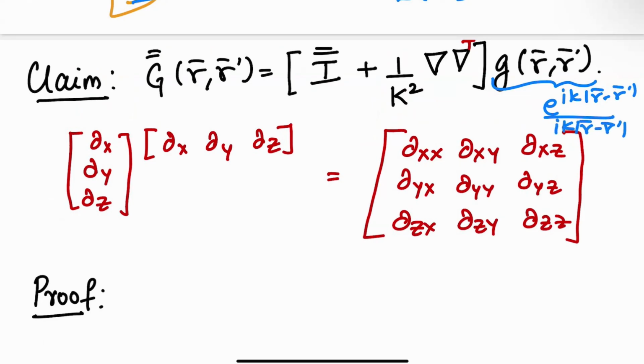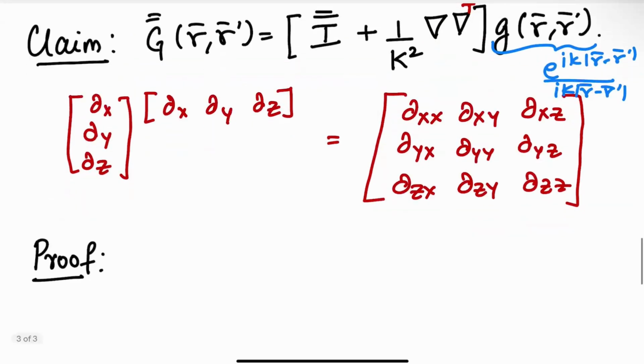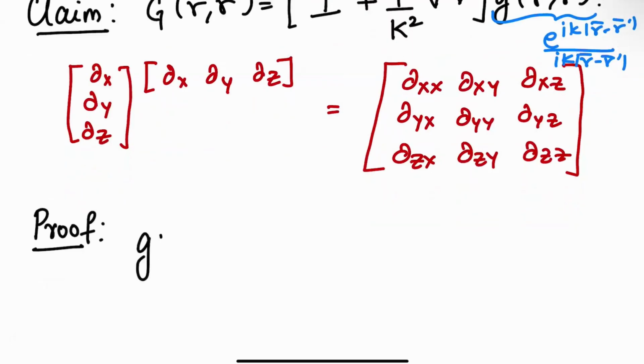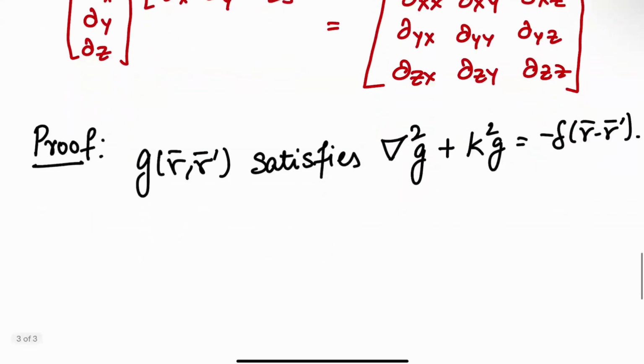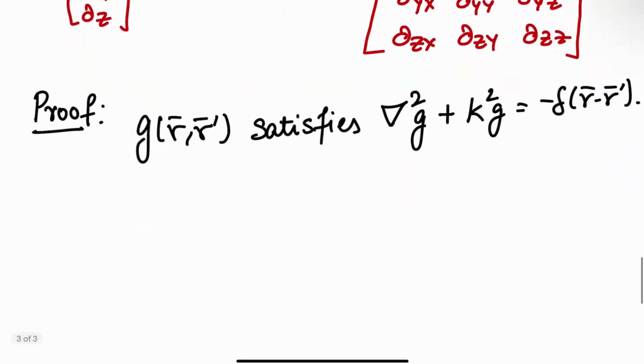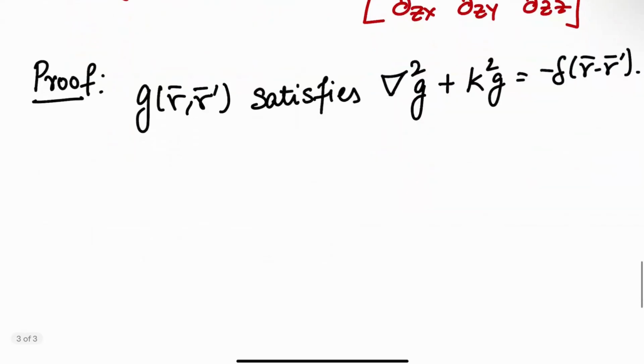Since we already know that quantity, maybe we'll start from there. We know that g of r comma r prime satisfies the scalar wave equation: Laplacian of g plus k squared g equals minus delta of r minus r prime. We saw this 2 lectures ago. So we want to essentially use this fact.